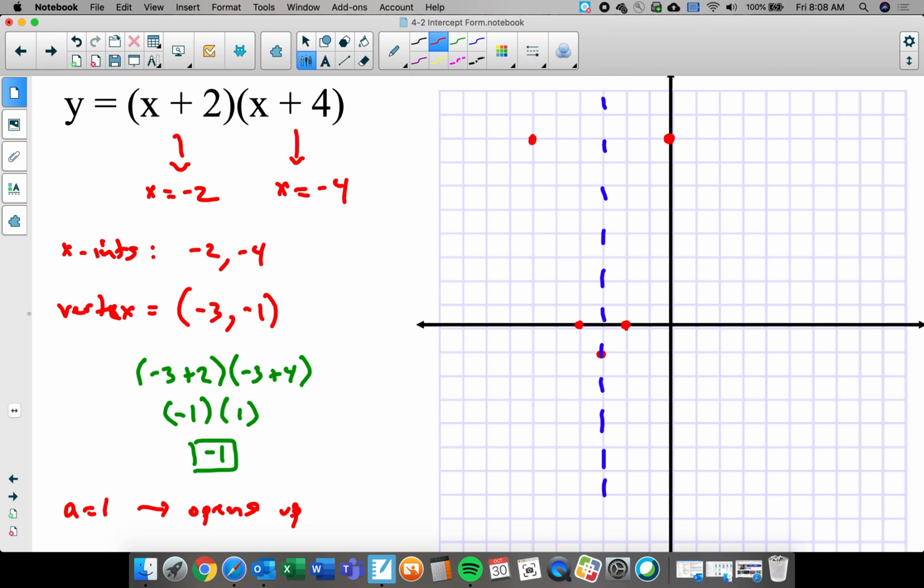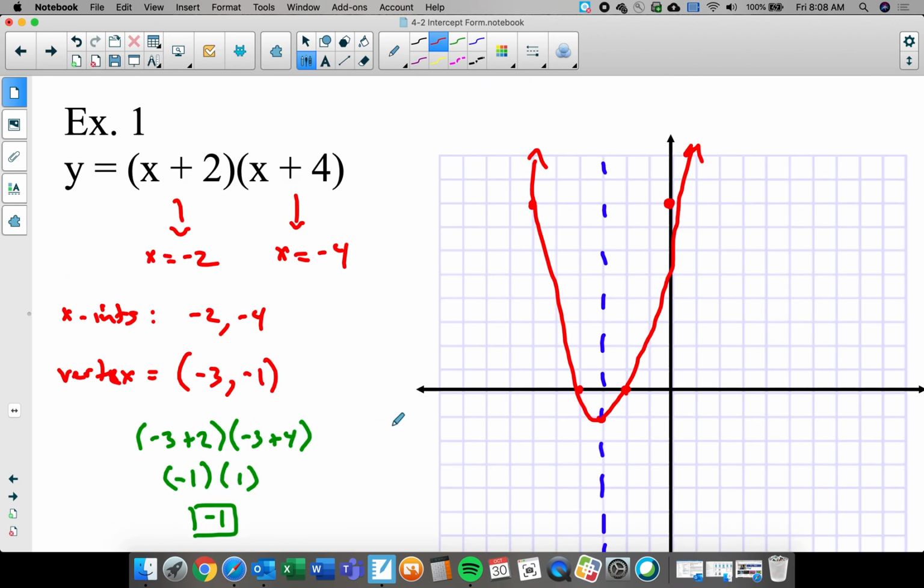And now I've got 5 nice points I can sketch this in. Oops, I missed, but I'm close at least. And there is kind of your parabola. At least you get the idea behind that. So a little bit of everything there, all of the important features of this graph.